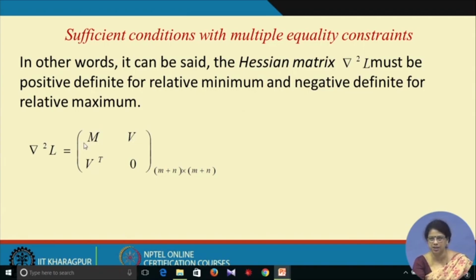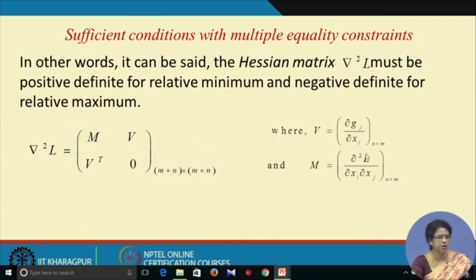In one partition we will have m, these are all second order values, v will be of first order differentiation, and there will be a set of zeros like this. We can formulate the Hessian matrix like this. If the Hessian matrix is positive definite, it is a minimum; negative definite, maximum; otherwise, no pattern, no conclusion.